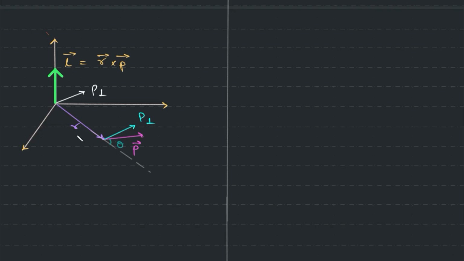This can be X, Y, Z, or Y, Z, X, things like that. So in all this, I'm using right hand rule. You have to point your fingers first in the direction of R and then bend it in this manner. So this is pointing in the direction of L.